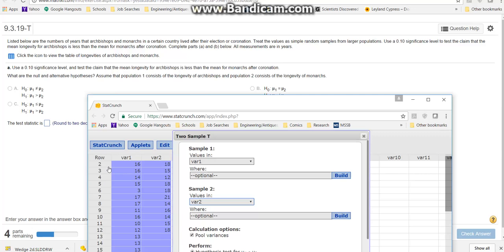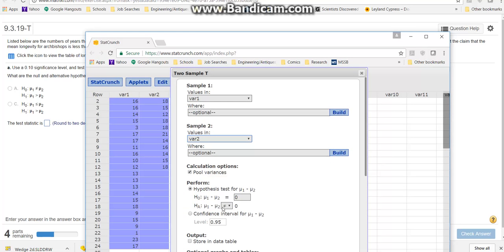Let's see here. It doesn't tell me anything about the variations, whether they need to be pooled or not. So that's what I'm looking for right now. And I'm not seeing anything, so I'm going to assume that they're pooled.